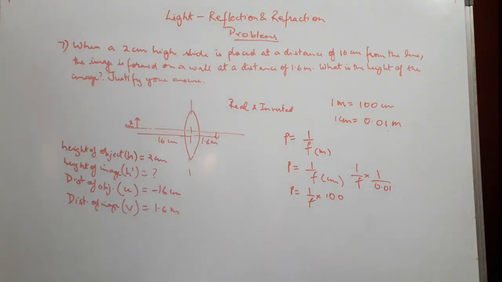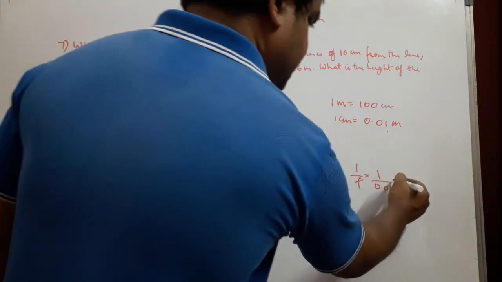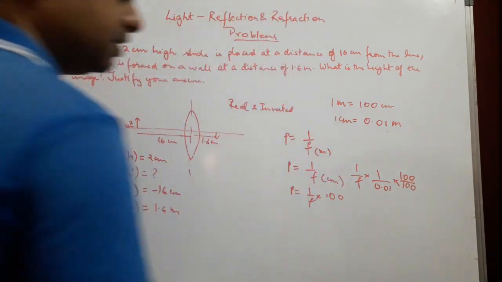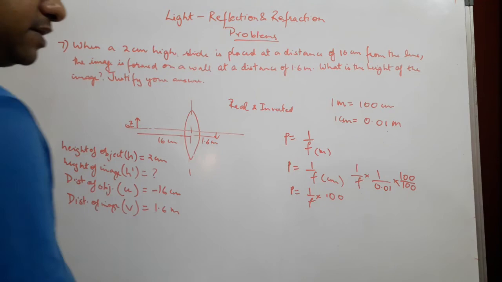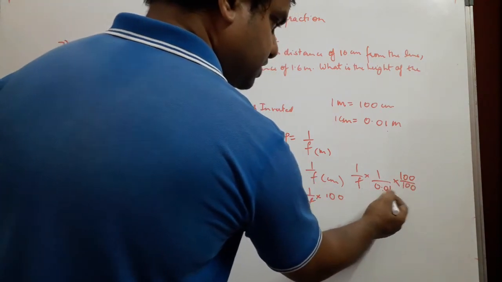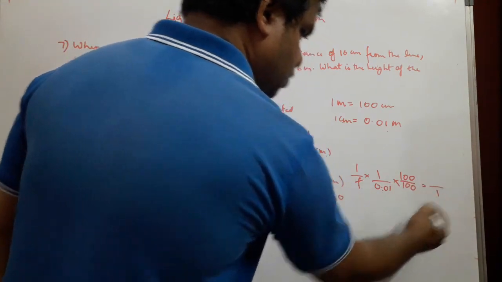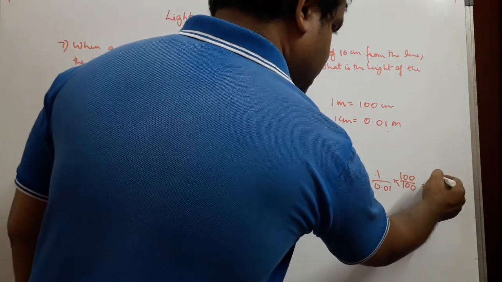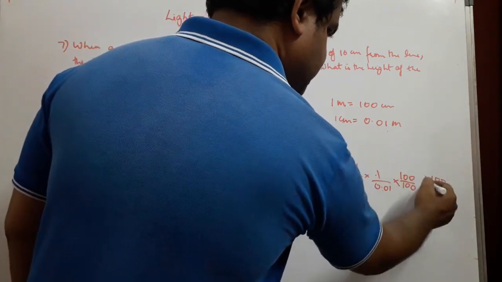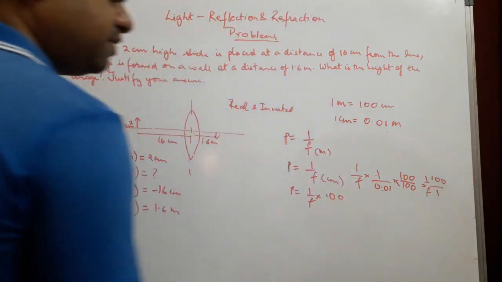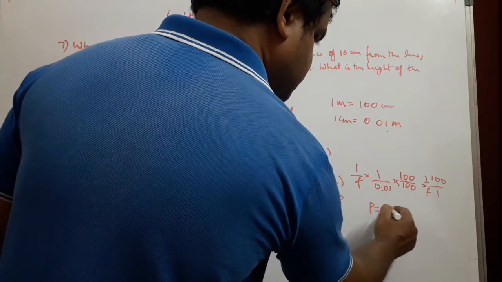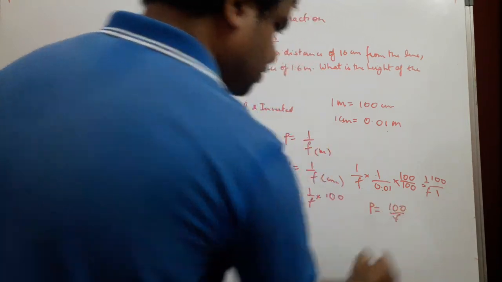Now we don't want the decimal, so we multiply on top and below with 100, and when we do that, 100 multiplied with this becomes 1, and 100 multiplied by 1 remains as 100, and this will remain the way it is, and that is why we have 100 upon F. Finally we write power is equal to 100 upon F. I hope you get this.